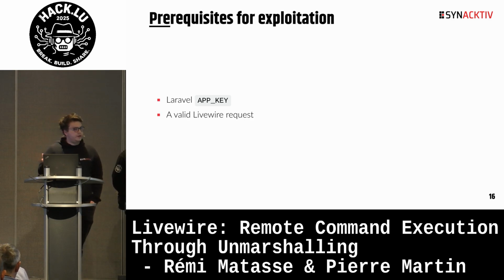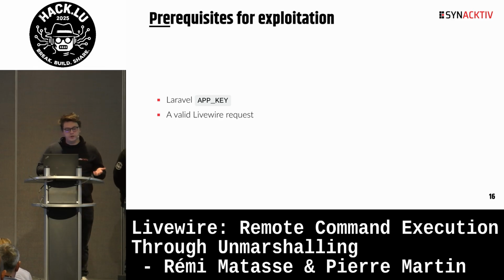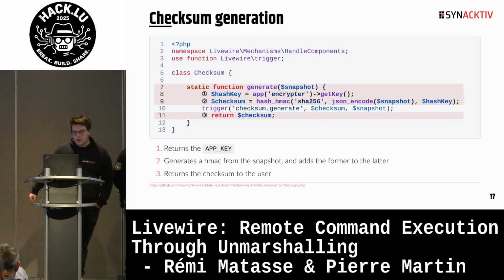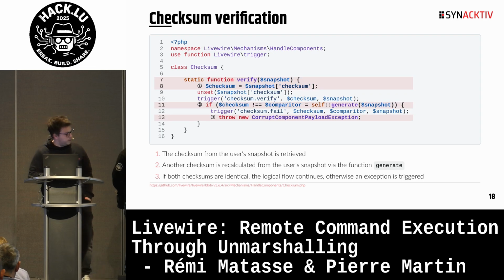What you need for that, as I told you when I presented, is a checksum which is generated by the server. So you need a valid checksum for it to be accepted by Livewire. So for this exploitation, you need the app key and, of course, a valid Livewire request. The checksum generation is this actual code, which just takes the key from Laravel and generates a hash mark. When you send a post request, the following function will be executed.